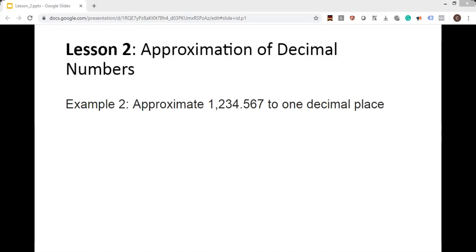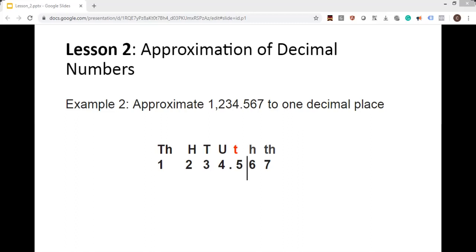Approximate 1234.567 to one decimal place. This implies we only want one significant digit after the decimal point. Once again, we express our numbers, and the first digit after the decimal point is 5 in the 10th position. What do we do? We draw a line to the right of 5.